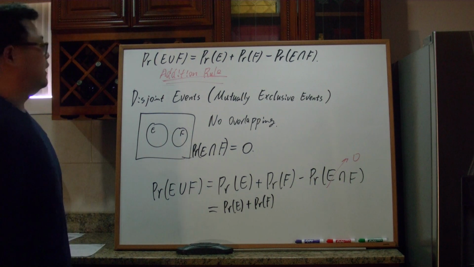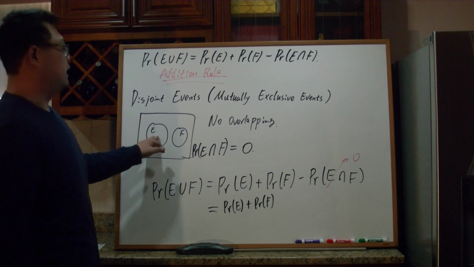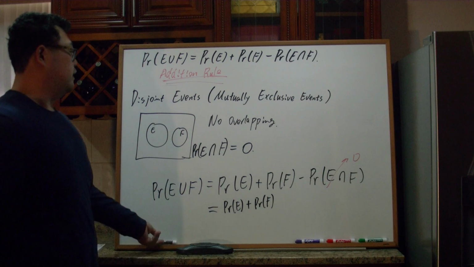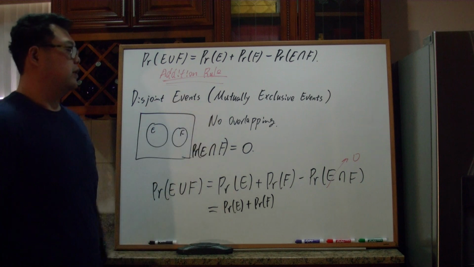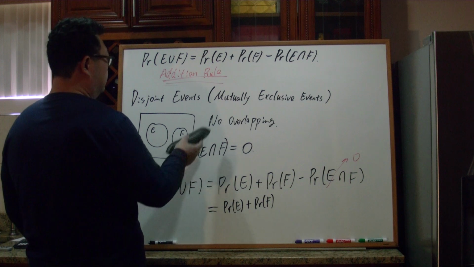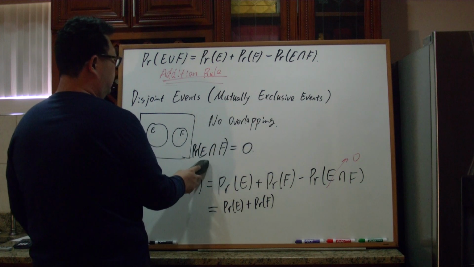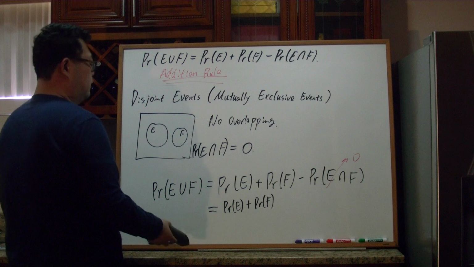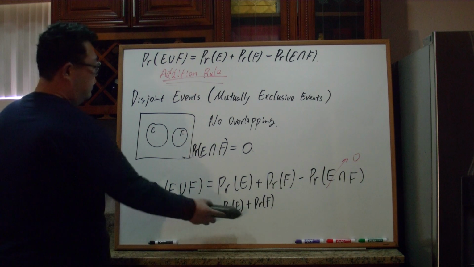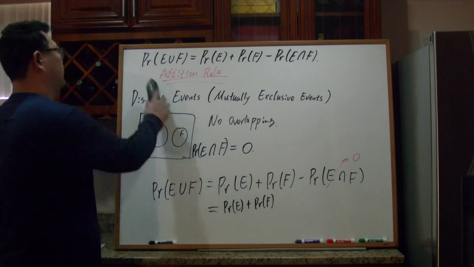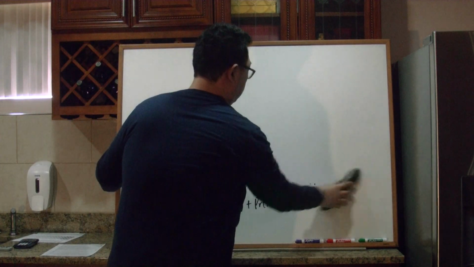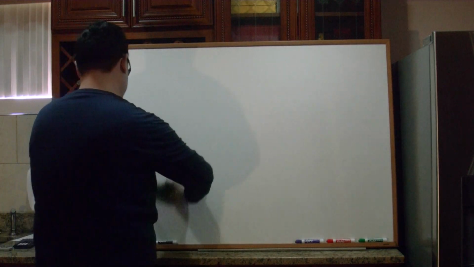That means they cannot occur at the same time. Either E occurs or F occurs. That is disjoint or mutually exclusive events. We determine that two events are mutually exclusive when their intersection equals 0, or when the probability of the union equals the sum of each part. That's how we distinguish if two events are mutually exclusive.